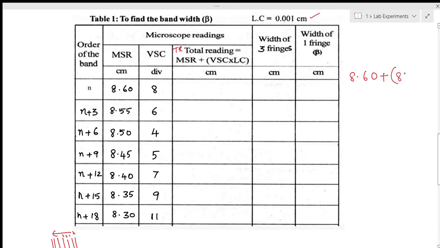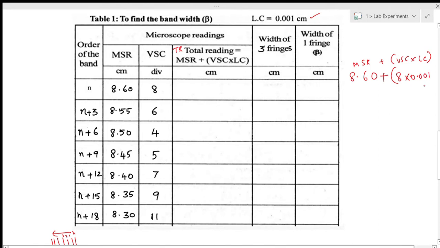So 8 into the least count 0.001, close the bracket, is equal to, and your calculator will display the answer, 8.608.